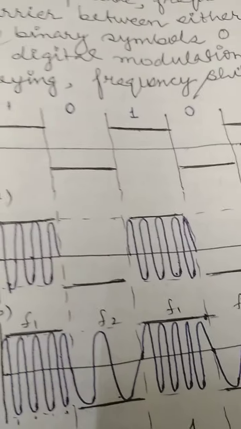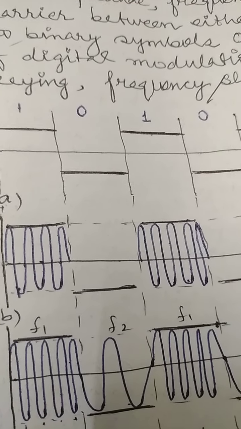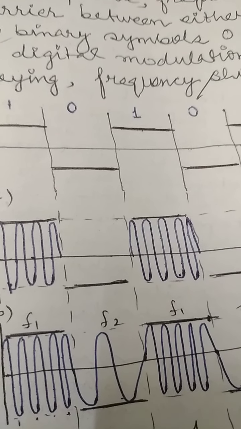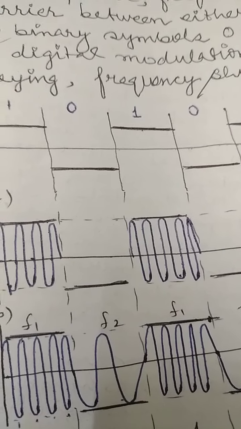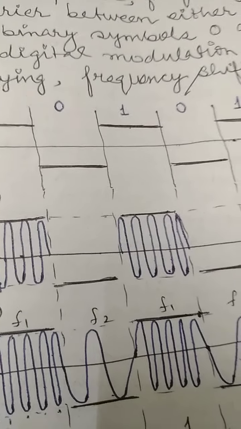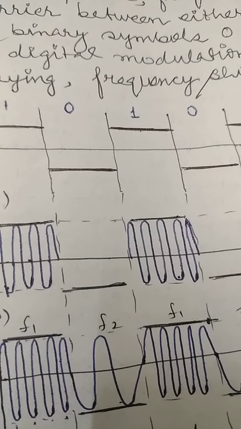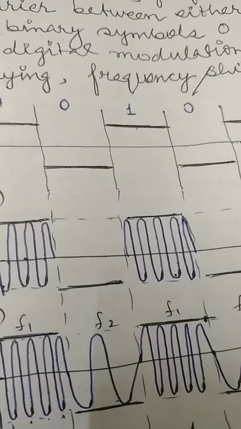The reason is simply that DC voltages cannot be transmitted through the antenna directly for long distance traveling. So we have to convert them into high frequency waveforms or high frequency components.